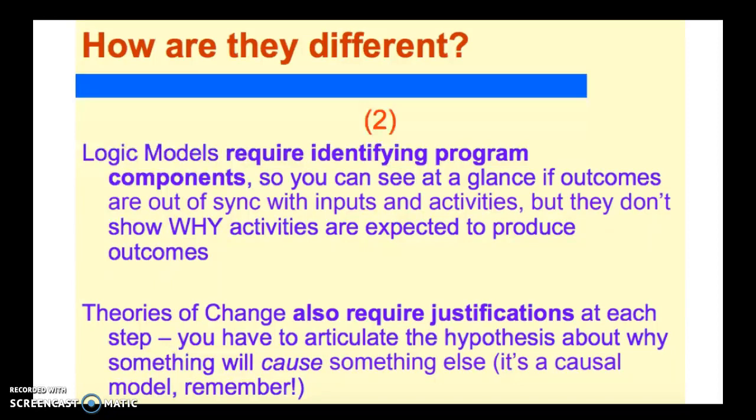And so in this model, you would say, IRB approval is needed. And once IRB approval is obtained, then the survey will be distributed. And it's expected that X number of people will respond to the survey in this way, and then that will cause the components of the intervention to be carried out.